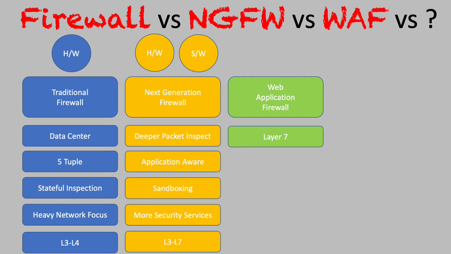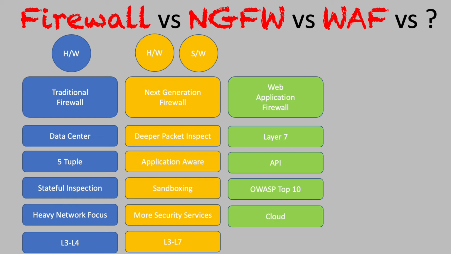They're predominantly just looking at layer 7 of the OSI model, at the application level. It's heavily API security kind of inspection. And if someone asked me, what is a WAF, I would simply respond that it's basically protecting against the OWASP Top 10. That's its focus.